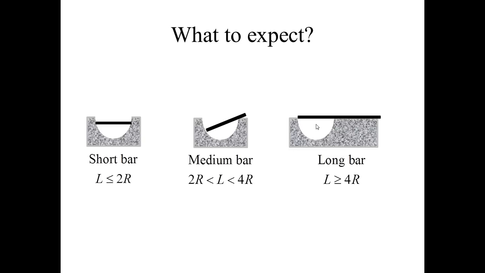Finally, the interesting case is the one where the bar has an intermediate length between 2r and 4r, and that's the case which we're going to analyze. And for this case, the inclined angle is not equal to 0.